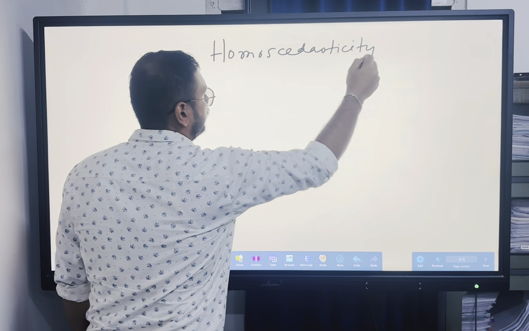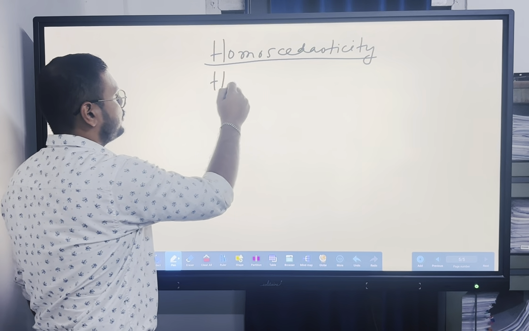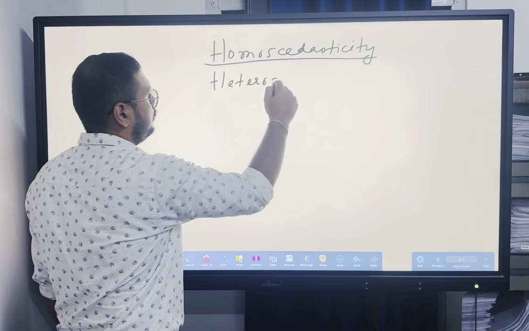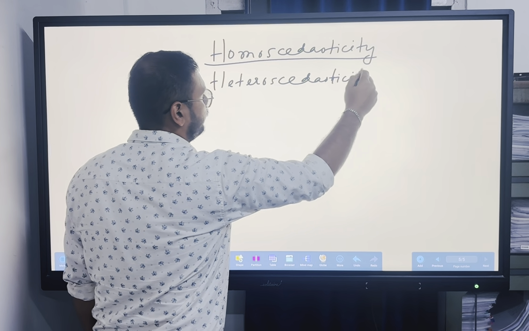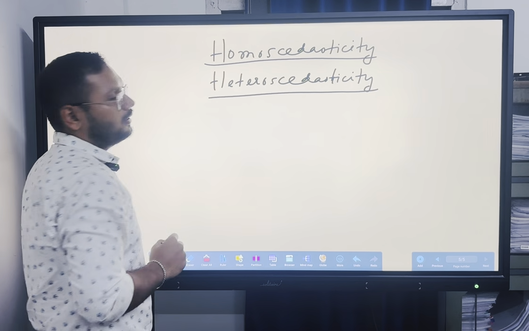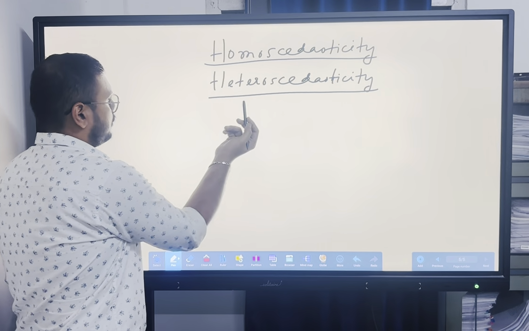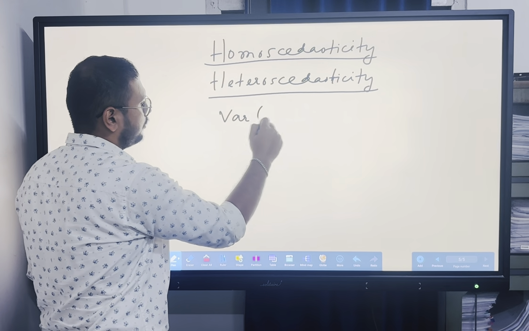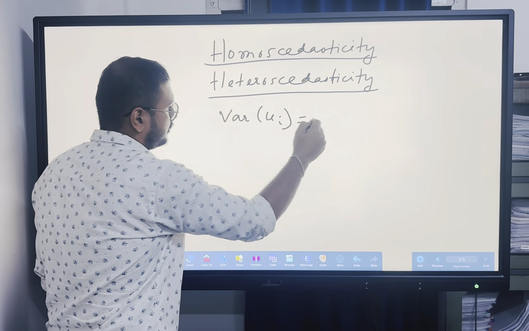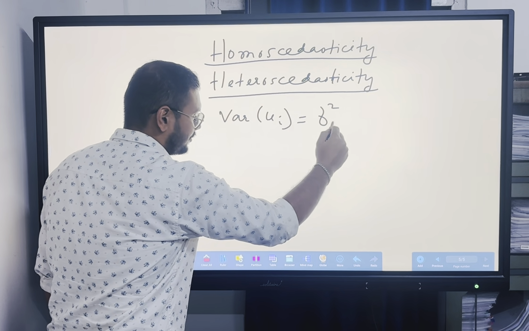Homoscedasticity, or you can say the other variation is called heteroscedasticity. Now, what is homoscedasticity or heteroscedasticity? When we are going through the assumptions, you have come across this assumption. Sorry, on 0, it's a constant, right?